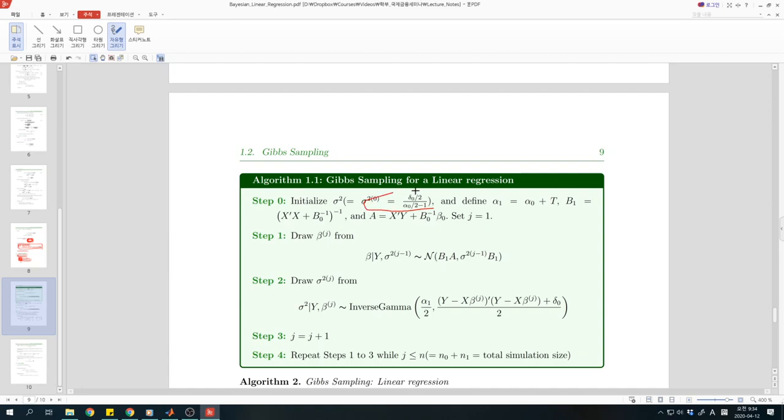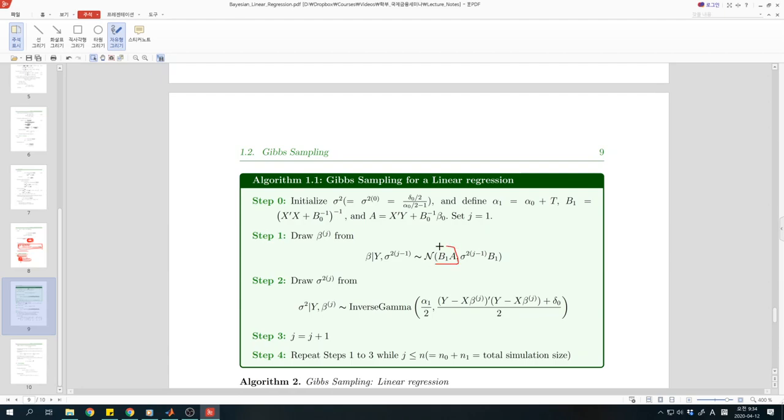This initial value is used only once at the first iteration. From the second iteration, sigma square is from the previous iteration. Then we draw beta from this normal distribution. So over iterations, what changes?